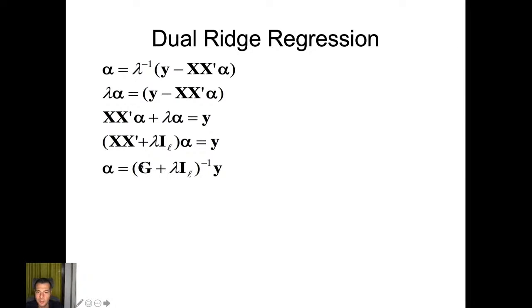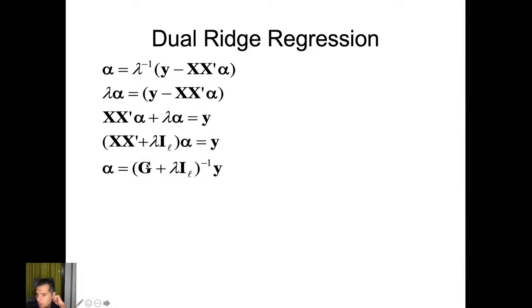So this is just a notation that we're using. G is equal to X X transpose, so this is the inverse of this matrix here. And we see that the regularization term has the same effect on this matrix.